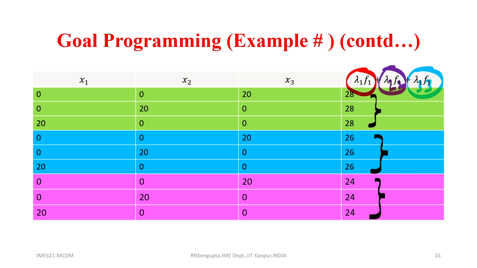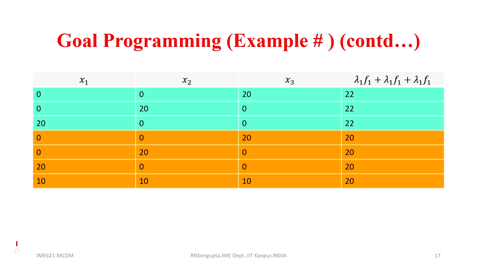The values which are given here, x1, x2, x3, correspondingly the decision variables are 20, 0, 0; 0, 20, 0; 0, 0, 20. That should be looked at from the point of view of the Pareto points. Let us for the time being ignore the case of the lambda values.